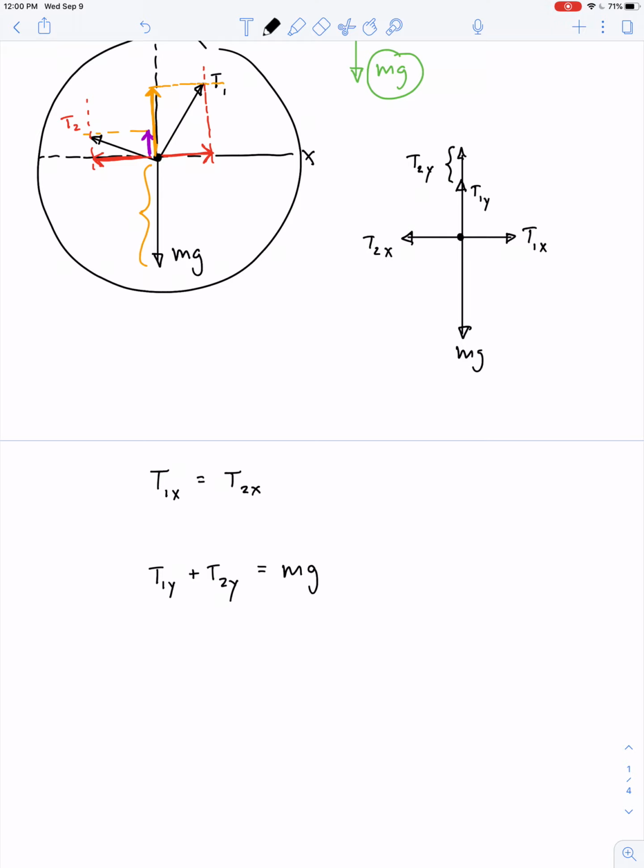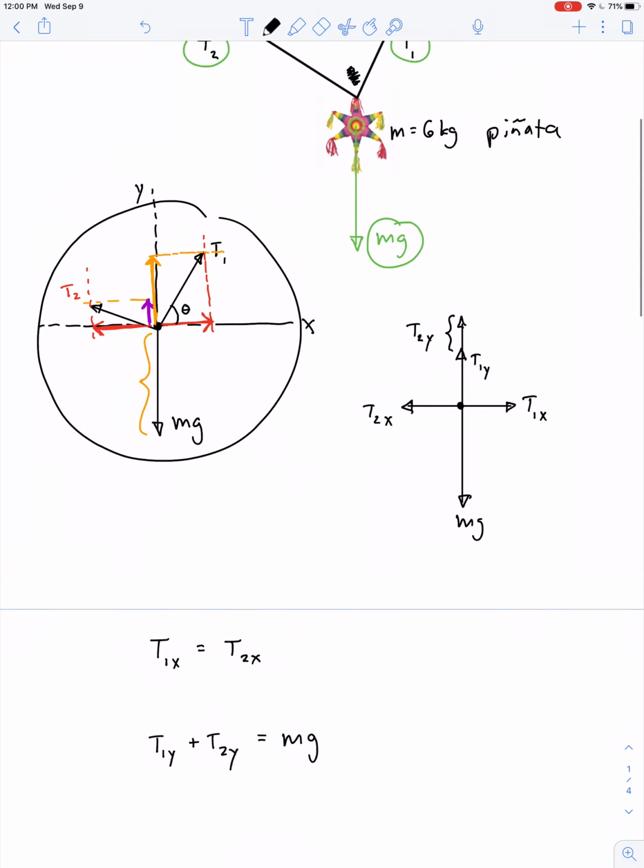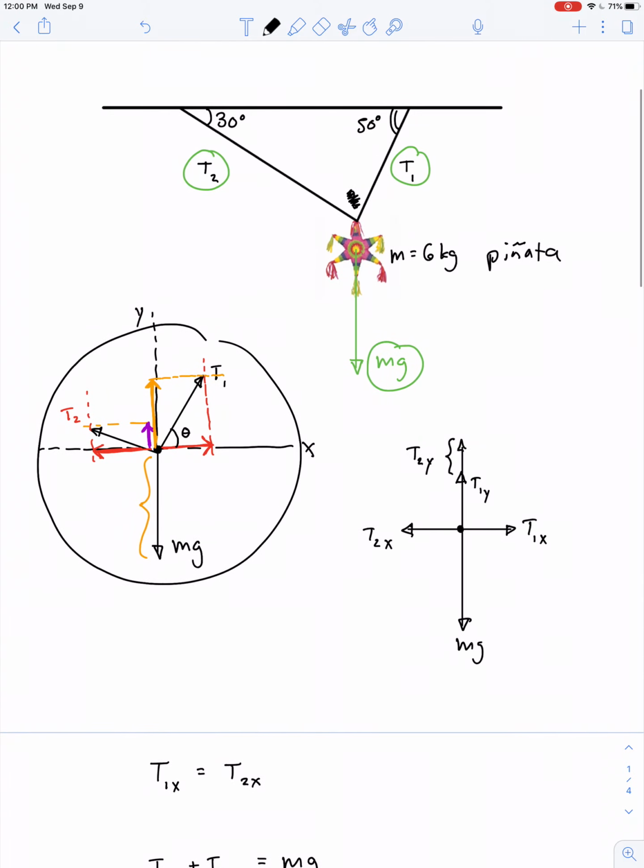Well, these are all components that are found based off of things like sine equals opposite over hypotenuse and cosine equals adjacent over hypotenuse and so on. You see, if we've labeled this angle right here as 30 degrees, then that tells us this angle also has to be 30 degrees, and likewise this angle has to be 50 degrees.